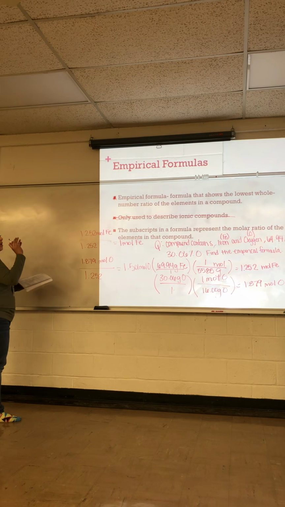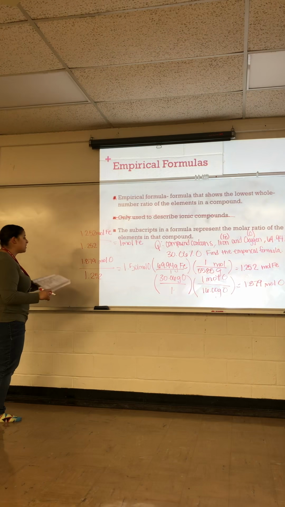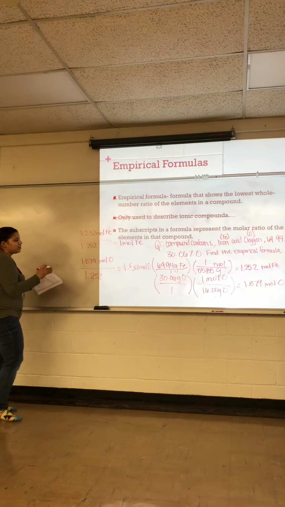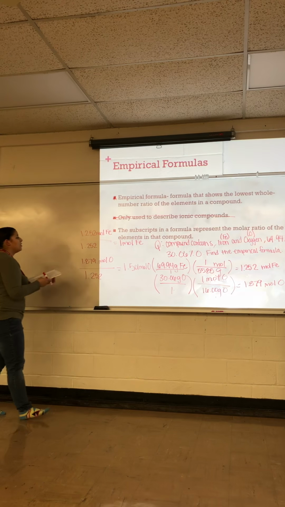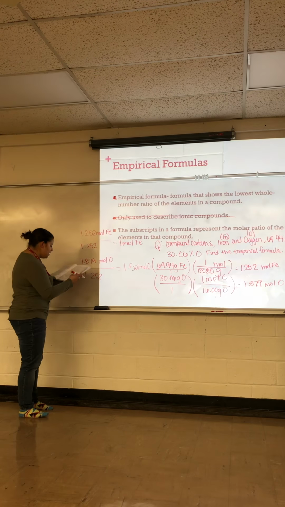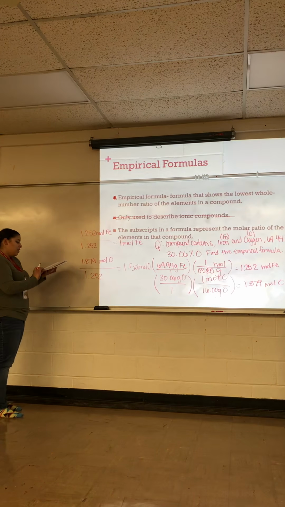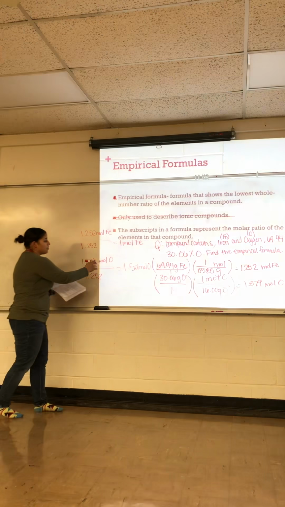Because remember, we said the lowest whole number value. 1 is a whole number, 1.5 is not. And no, we cannot just round and say I have 1 to 2. We are going to use a different method. Since oxygen is not a whole number, you're going to multiply by 2 for both of these mole values.